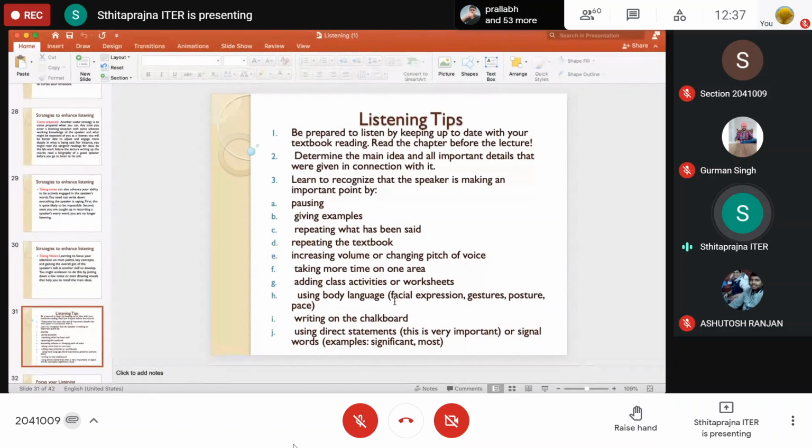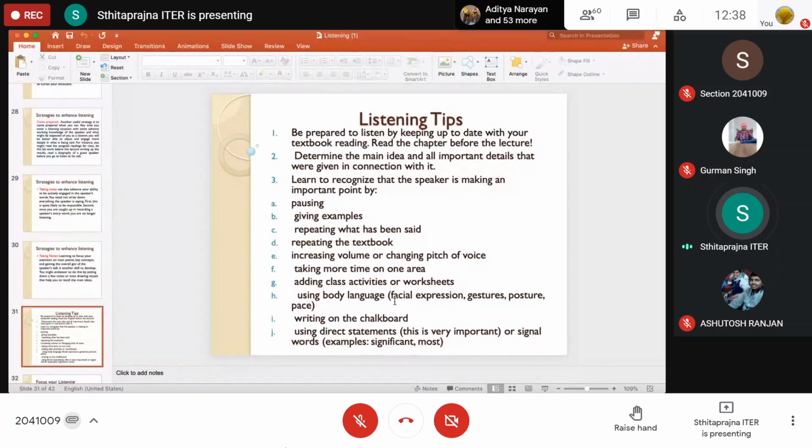They help you to understand what is important and what is not. So you just have to be a little keen in finding out what are the signposts that the speaker is using to show us the important points, the key ideas. So try to recognize the signposts, whether in reading or in listening.